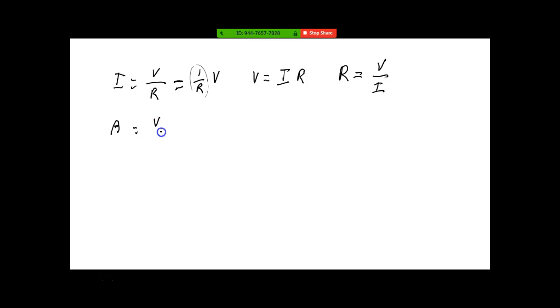The unit for resistance is an ohm, named after Georg Ohm, but they don't use an O, they use an omega. And I think we talked about that last time. Current, amps, is equal to volts divided by ohms. Or volts is equal to amps times ohms, or ohms is equal to volts divided by amps. However you wanted to write those.